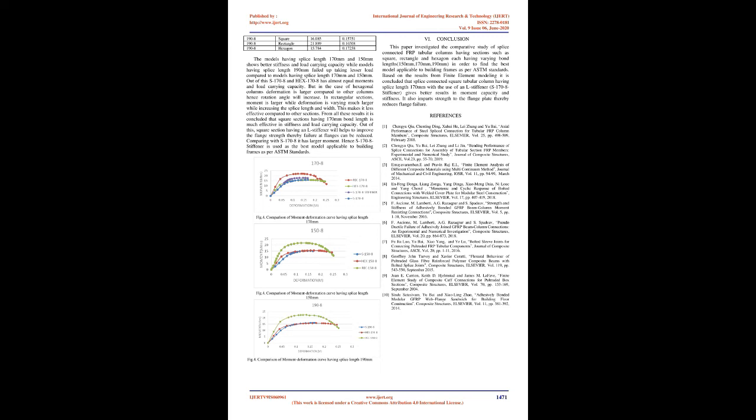The models having splice length 170 mm and 150 mm show better stiffness and load carrying capacity, while models having splice length 190 mm failed, taking lesser load compared to models having splice length 170 mm and 150 mm.